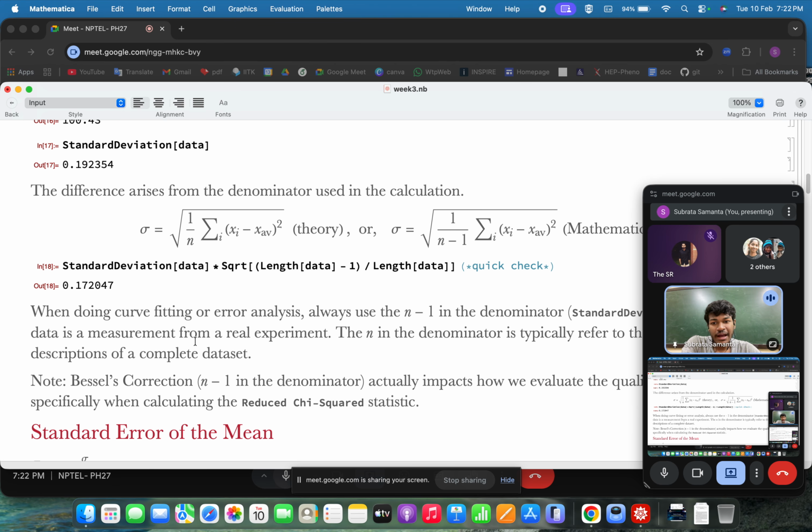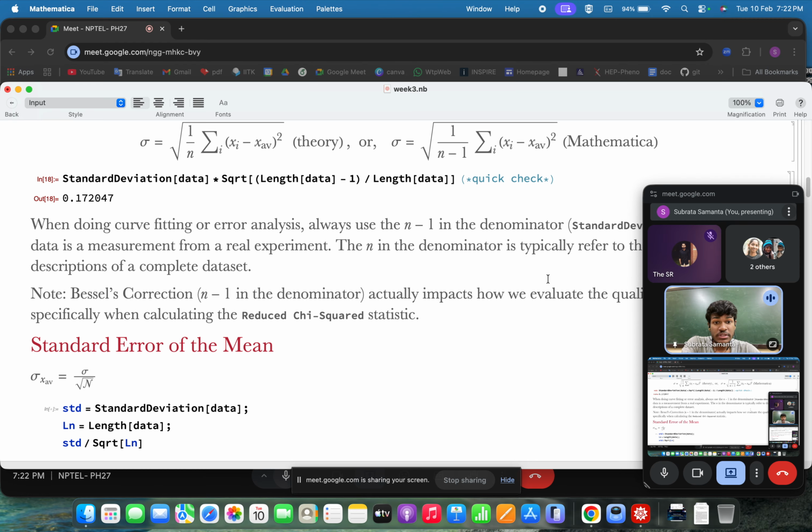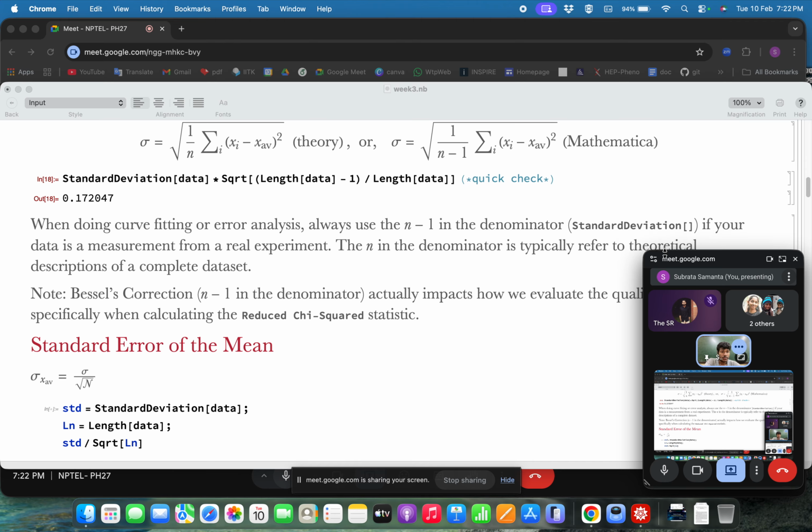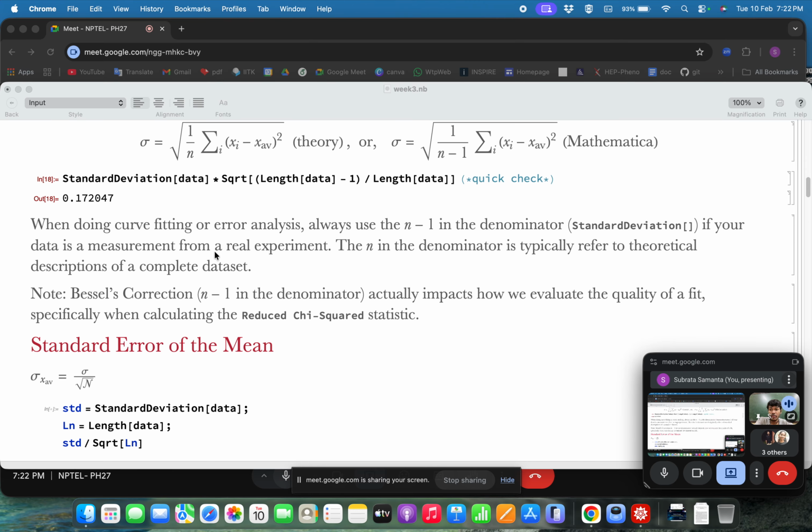When doing curve fitting or error analysis, always use n minus 1 in the denominator. If you calculate error analysis for a data set in your experiments, then you use n minus 1 in the denominator. Why? Because your measurements typically refer to a sample, while the theoretical description refers to a complete data set.